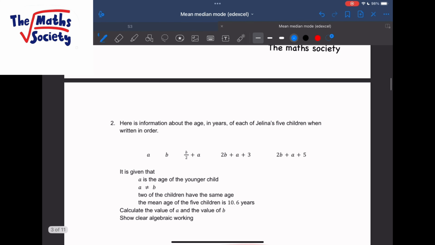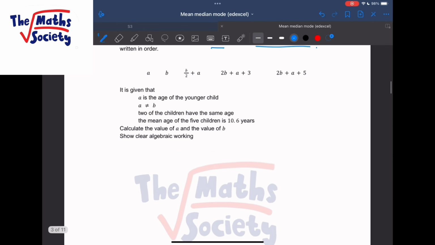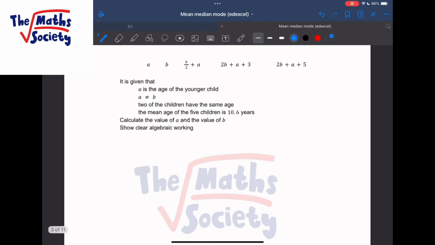And moving on to question 2, it says here's the information about the ages in years of Delia's 5 children written in order. Then they give you that A is the age of the youngest child, A is not equal to B, and 2 of the children have the same age. The mean age of the 5 children is 10.6 years.